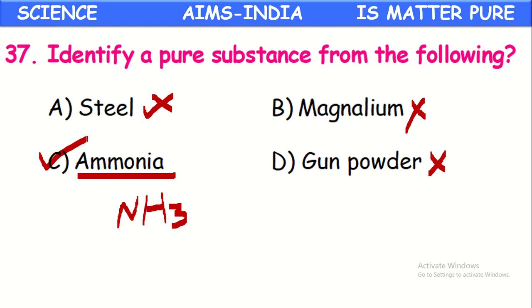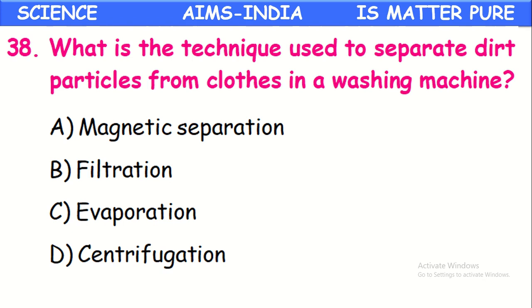The remaining three are mixtures. Next, what is the technique used to separate dirt particles from the clothes in a washing machine? In a washing machine, dirt particles are removed from the clothes by the process called centrifugation. It means clothes are revolved at very high speed, which we call whirling. By whirling, the dirt particles will be removed and move away from the clothes.